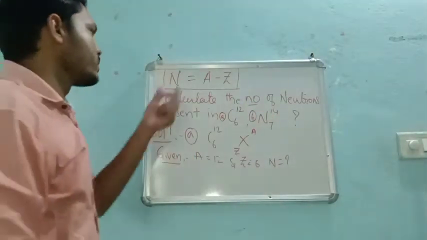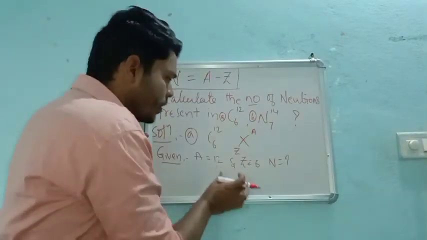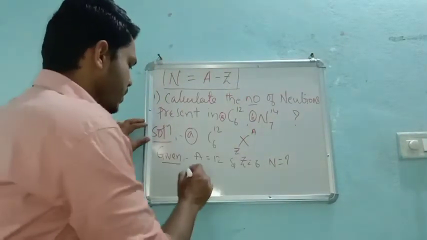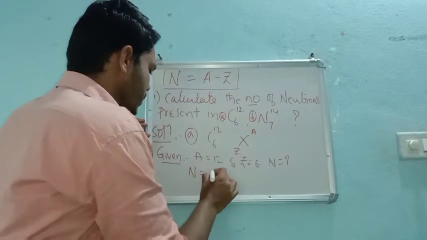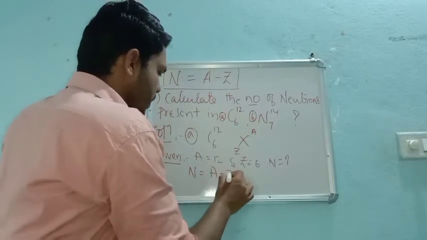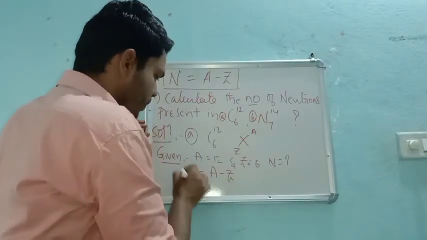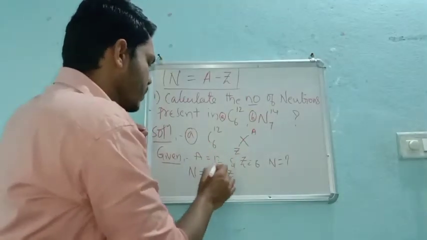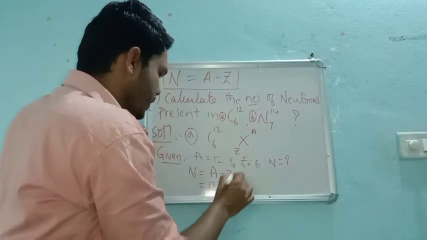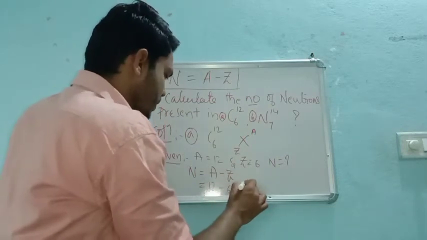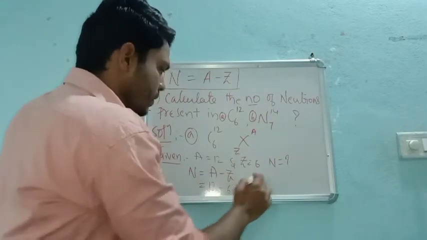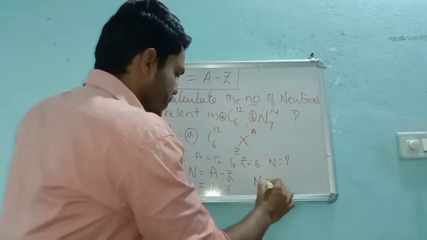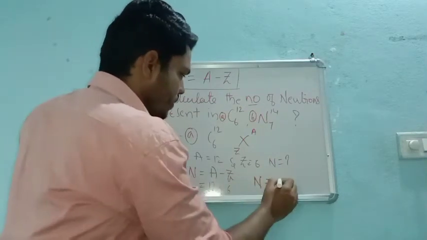So now just substitute these values in this equation. Definitely you can calculate the number of neutrons present in this particular example. So A is 12, Z is 6. That means 12 minus 6 is 6.